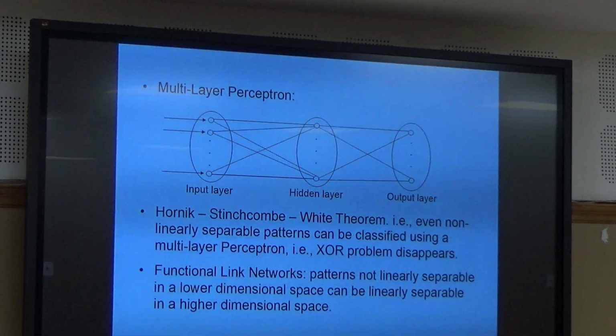So as I said, multi-layer perceptron was very successful in many applications. One of the main questions was, how many hidden layers should there be? How many neurons should there be in the hidden layer? People started experimenting. There are what are called deep feed-forward neural networks.